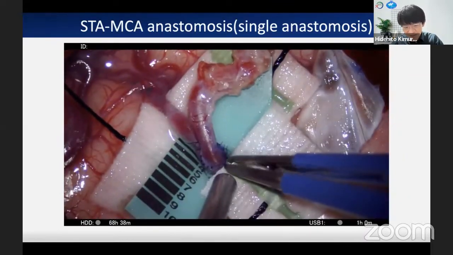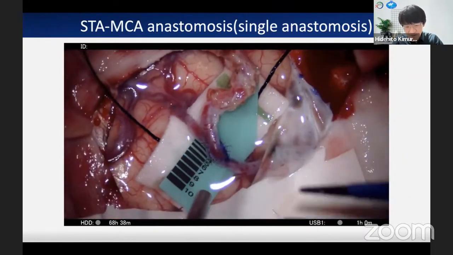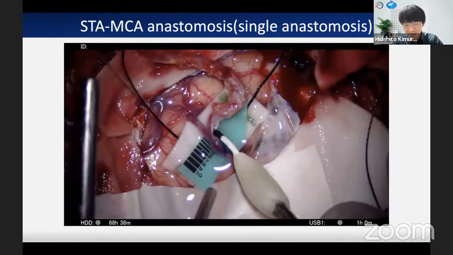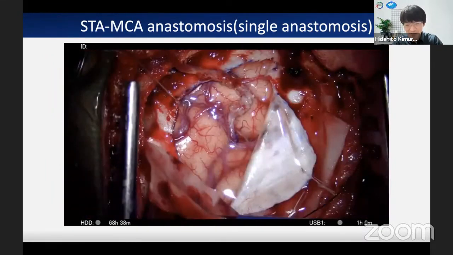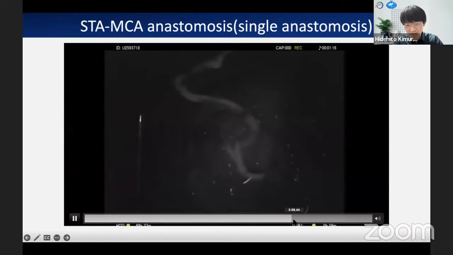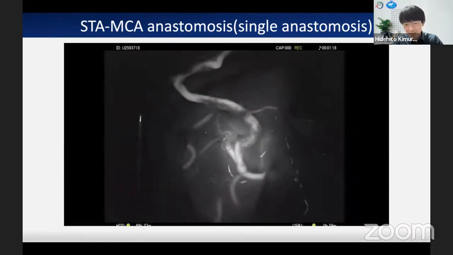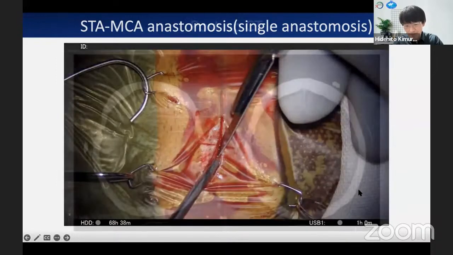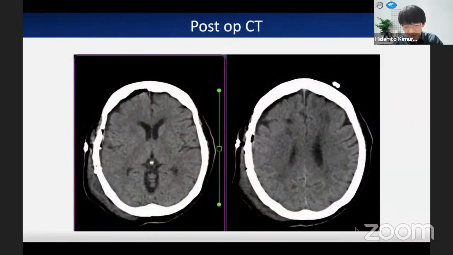This is a branch of the STA. Don't coagulate the anastomosis portion; I just coagulate the small, tiny branches of the STA. ICG angiography demonstrated patency of the graft. Postoperatively, there was no hemorrhage.